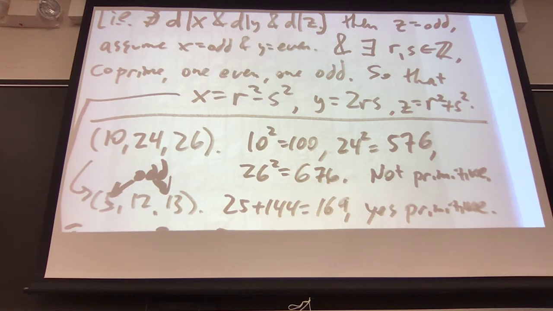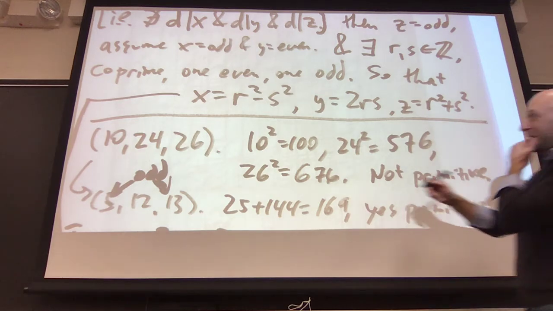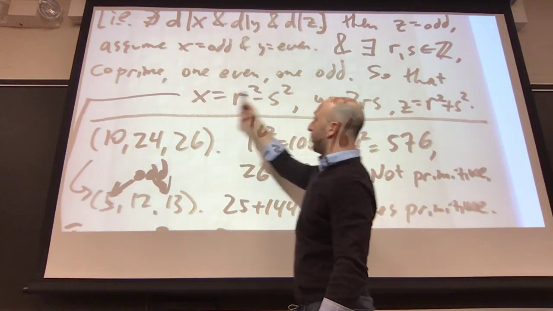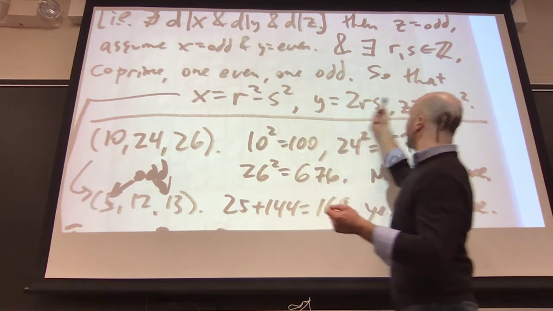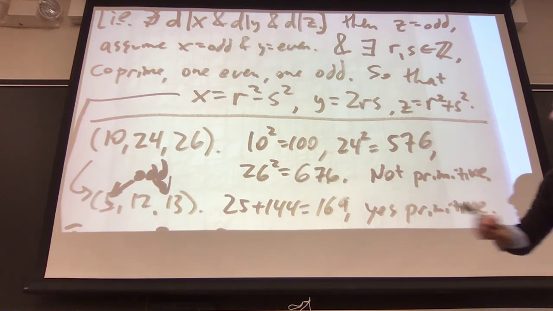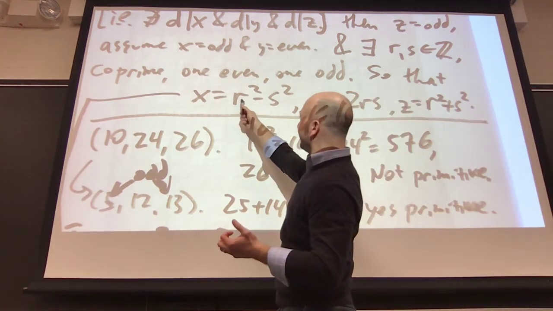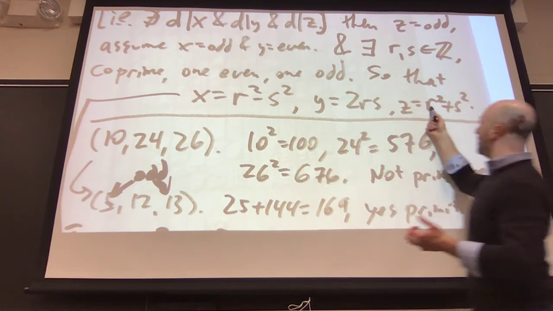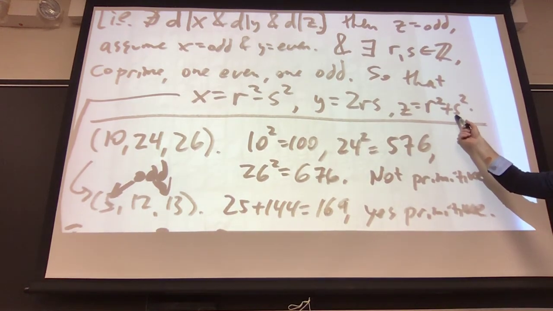There is one thing you can do to r and s, precisely because we've parametrized x, y, and z. You know what I mean by parametrized? x, y, and z are now functions of something simpler, r and s, in terms of homogeneous quadratic polynomials in r and s.